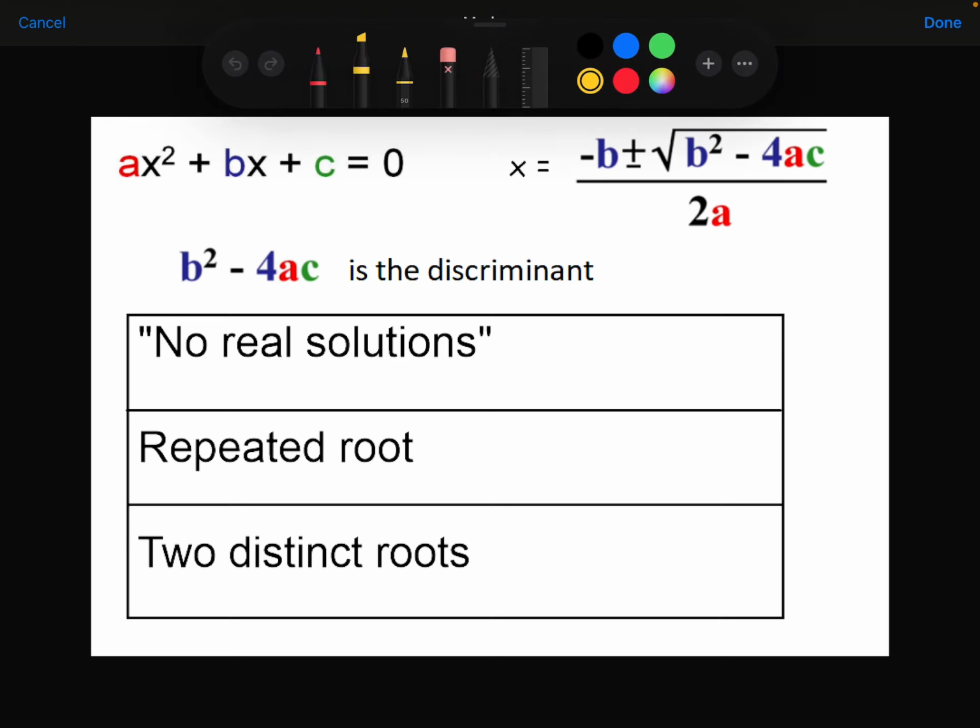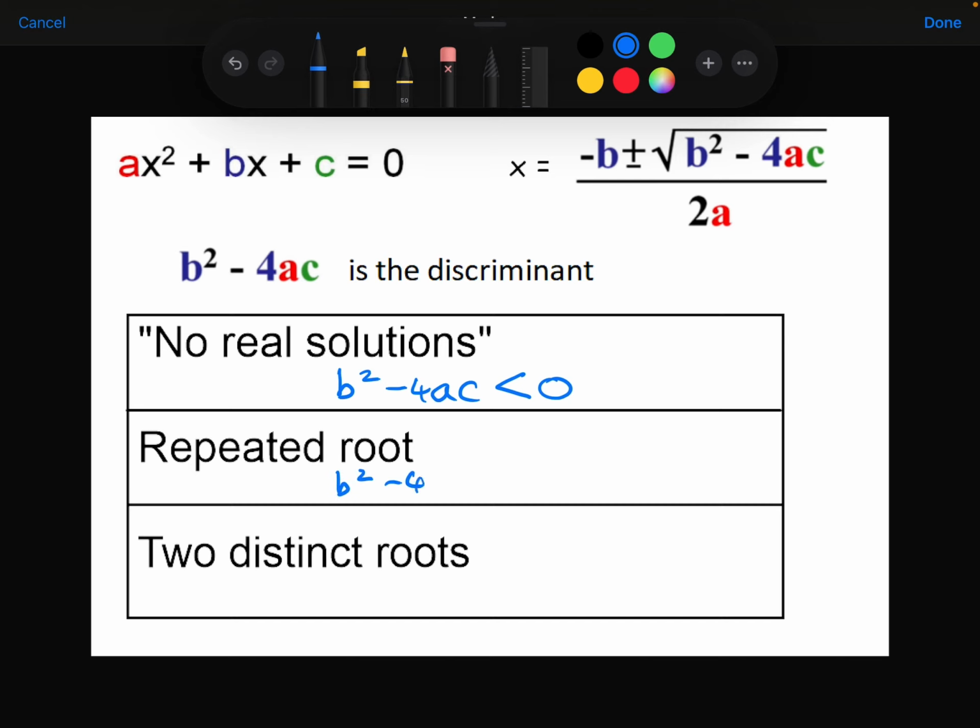So that b squared minus 4ac is a really important part of the quadratic formula. We call it the discriminant because it discriminates between those three options that I've just talked about. If the discriminant, if the b squared minus 4ac is negative, then we know that the quadratic equation has no real solutions.